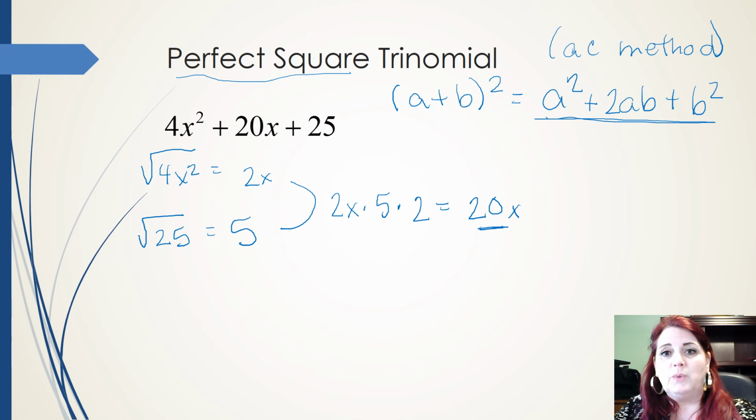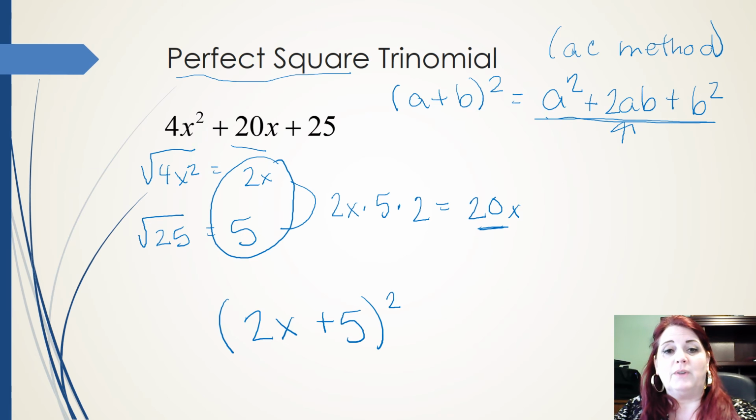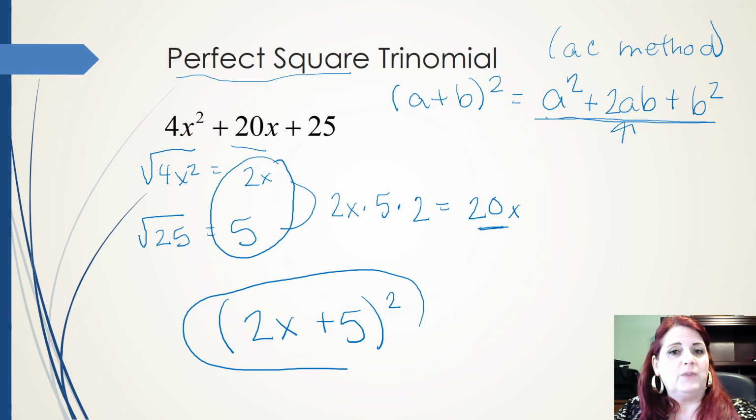If this is 2ab, then that is a perfect square trinomial, and I can set these two as 2x plus 5 and just say squared. And like I said, if you cannot remember this pattern, go back to the AC method. It will always work.